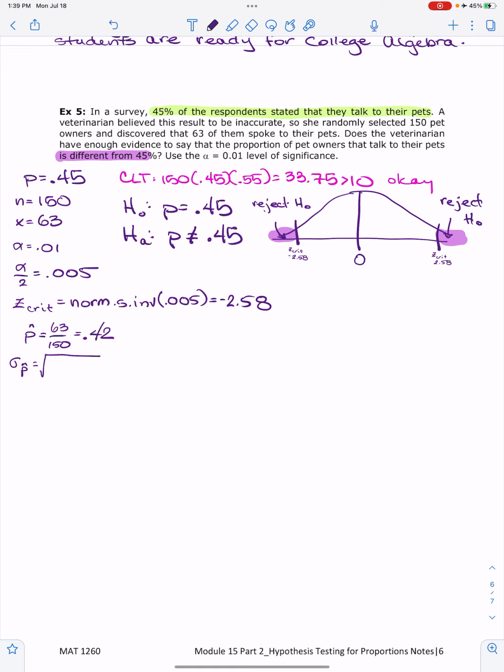My standard deviation for samples of this size, over how big my sample is, 150, is 0.0406.